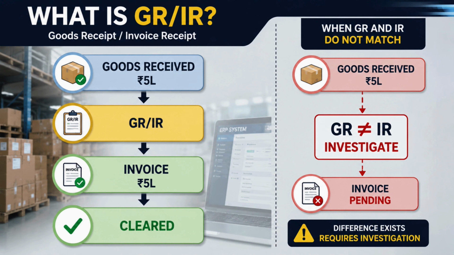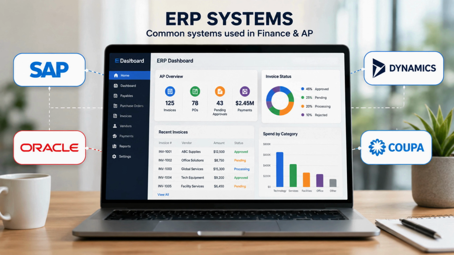Question 23. Which ERP systems have you worked with? Interviewers may ask which ERP systems you have worked with. Common examples include SAP, Oracle, Microsoft Dynamics, Coupa, and other company specific systems. If you have experience, mention exactly what you used the system for.